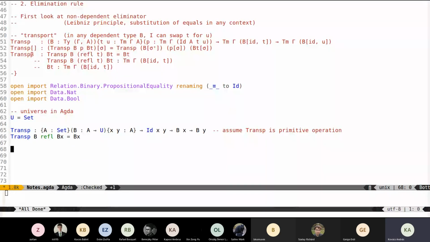Yeah, and now the question is, is this rule actually a good rule? So if we only have the transport as a way of using an equality proof, then is this enough? And it's enough for a lot of things. So for example, we can derive from transport that equality, so ID, is an equivalence relation.